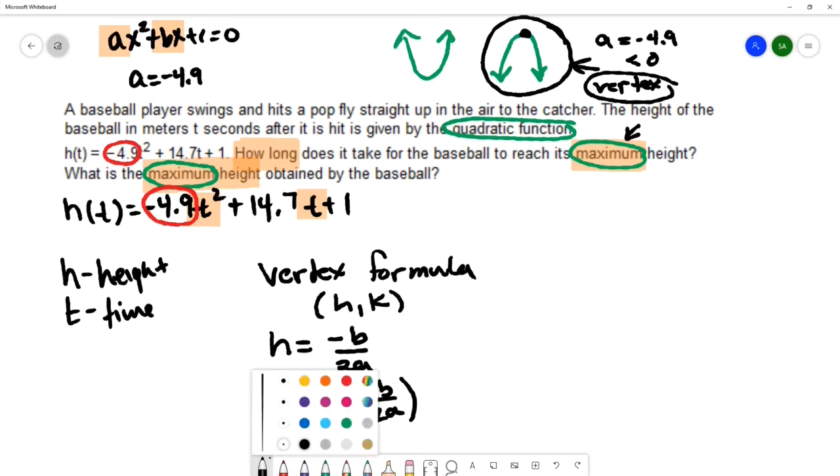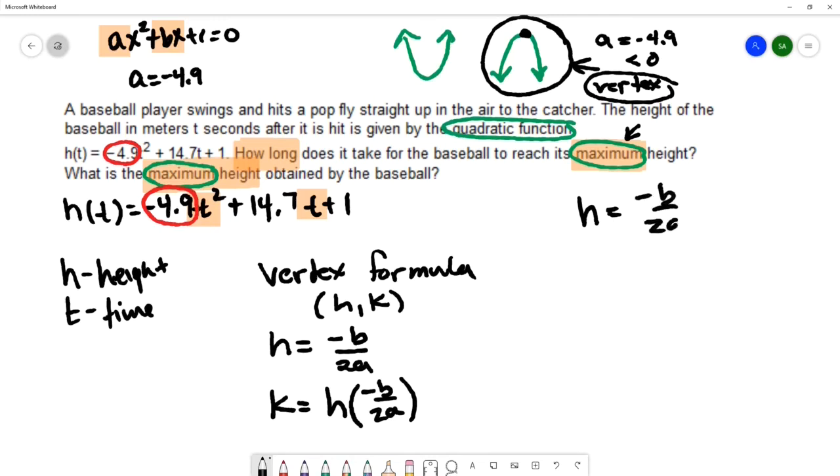So for our example, we're going to find h, which is negative b over 2a. That's negative 14.7 over 2 times negative 4.9. I've got my calculator here.